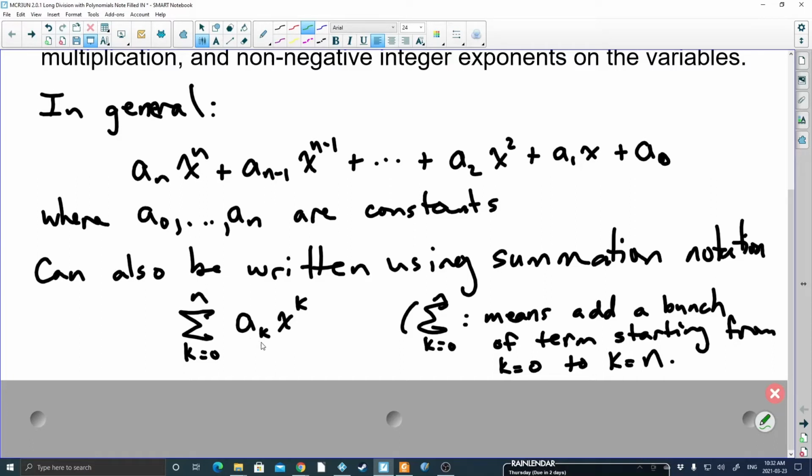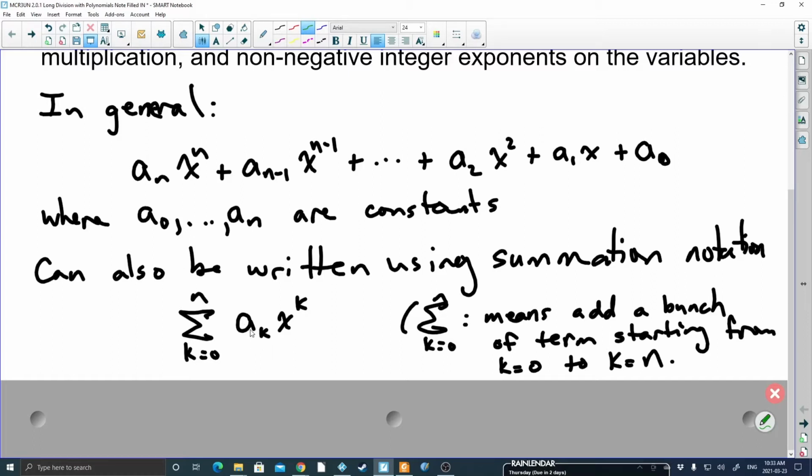So a subscript k with an x to the power of k, that would be any one of these, okay? So for instance, this one here would be a2 x squared, so when k equals 2, you would have that term. But the summation symbol says start at a k value of 0 and go all the way to a k value of n.